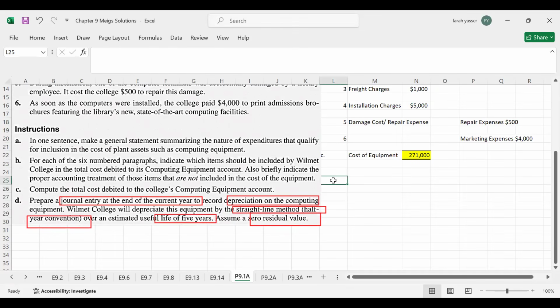Part D. Cost of the equipment, annual depreciation. We can calculate annual depreciation by cost minus residual value, and the whole divided by useful life.